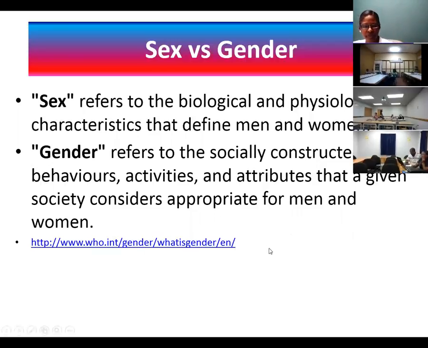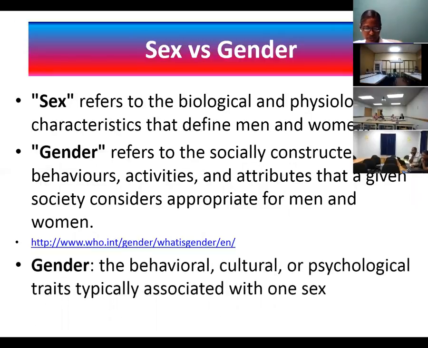While gender, as we have heard even before this class, is more behaviors, formed through interactions with society. It refers to socially constructed roles, behaviors, activities, and attributes that a given society considers appropriate for men and women.